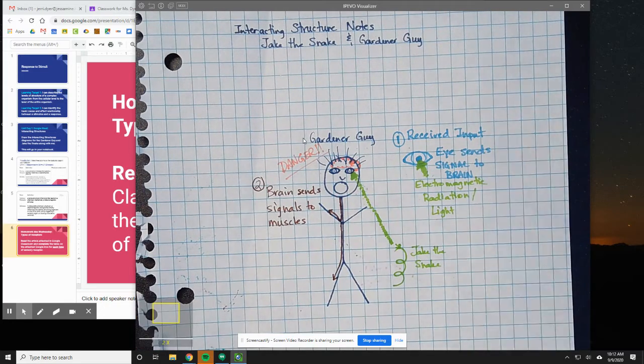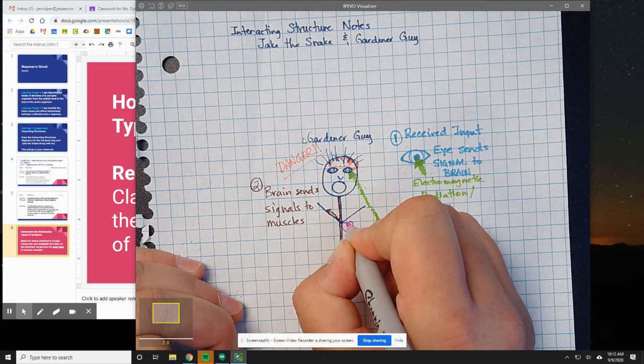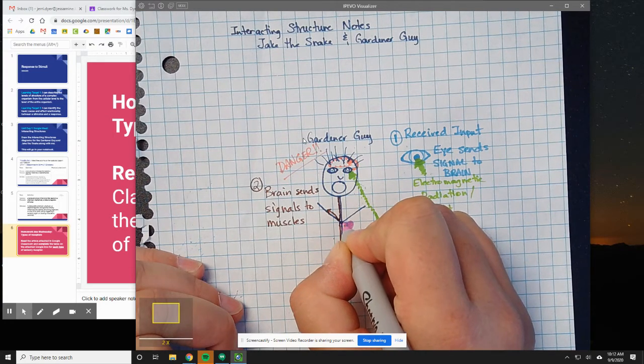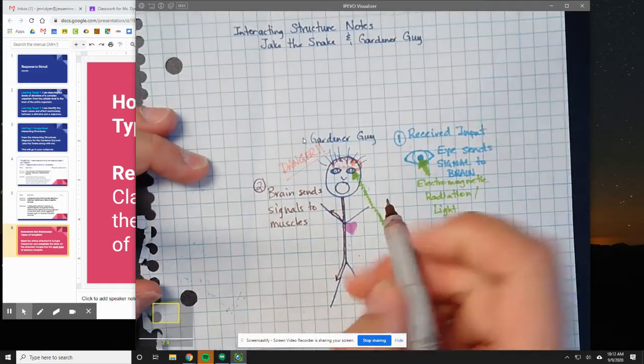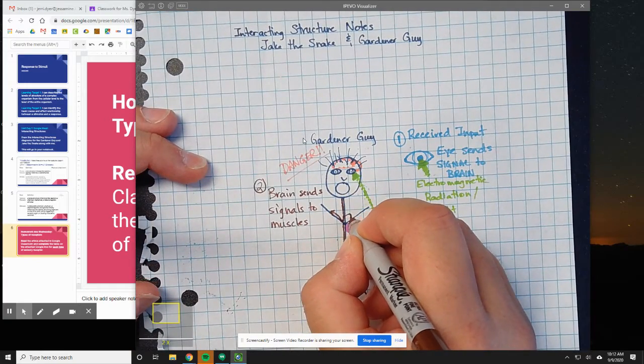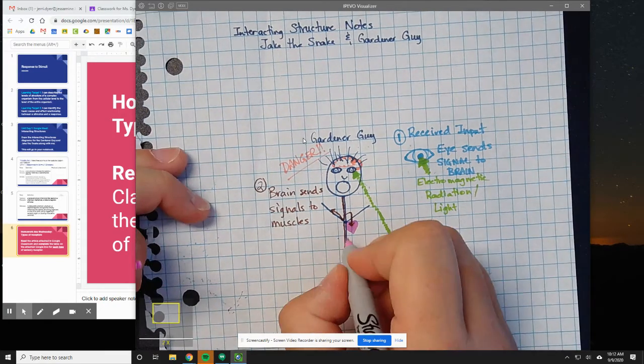We're pretty sure that the gardener guy has a heart. Just kidding. The gardener guy has a heart. And so the brain, the heart is a muscle. And so the brain's going to send signals to the heart.